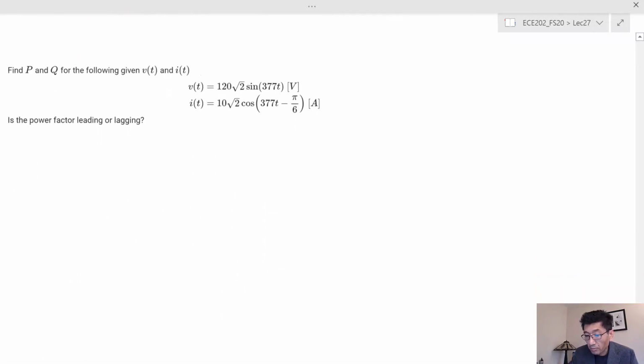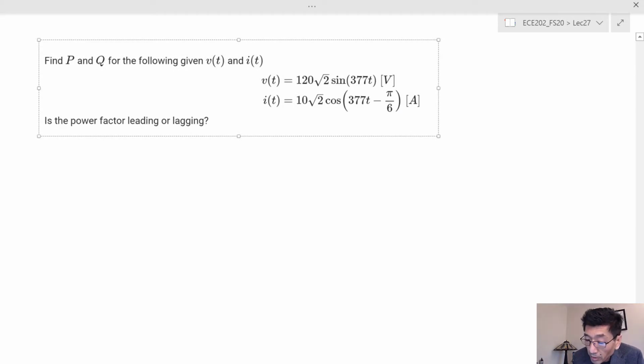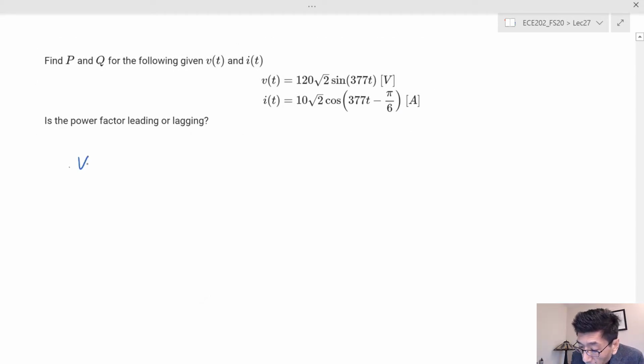Let's see, we have P, V and I, and for this example, you don't have to use RMS. I think we should start getting used to this RMS value, right? You don't have to use RMS value to calculate P and Q, but let's see if we choose using RMS. So the V RMS is equal to 120 V divided by square root 2. That's 120 volts.